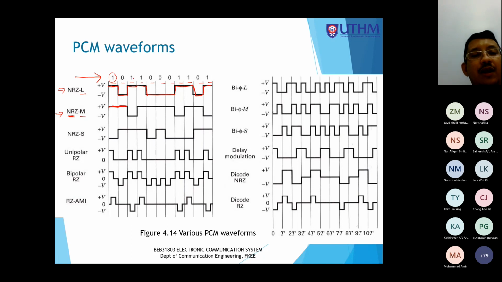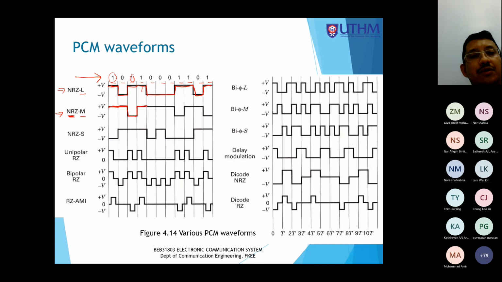Then input logic 1 will alternate the previous polarity, so from positive it becomes negative output voltage. Then another input logic 1 will alternate from the previous value, which is negative voltage, and becomes positive.